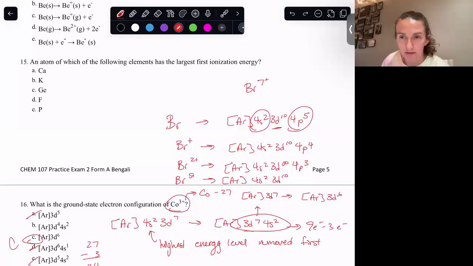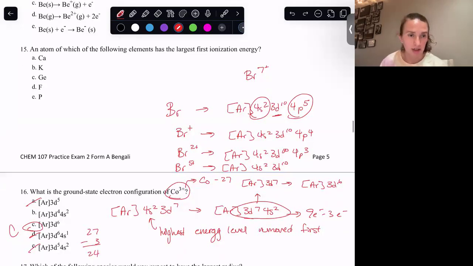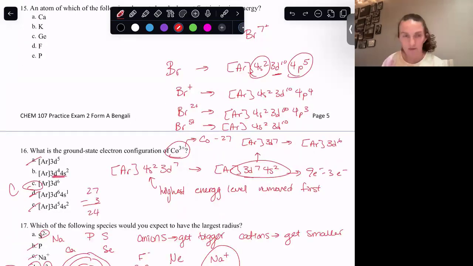Why does 3d sometimes go before the 4s? In what sense? Like in the question where 3d 4s2. Yep. Based off of the periodic table, you're going to fill the 4s before you fill the 3d.